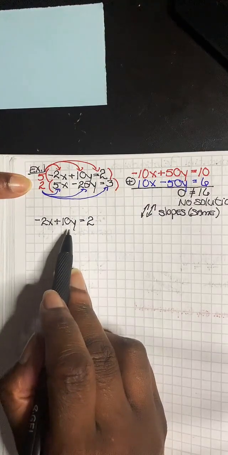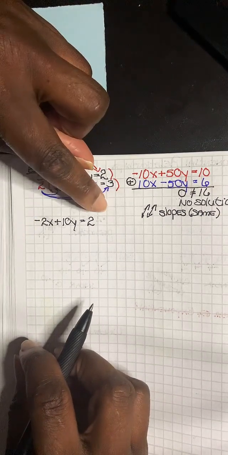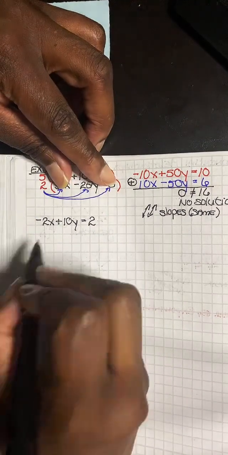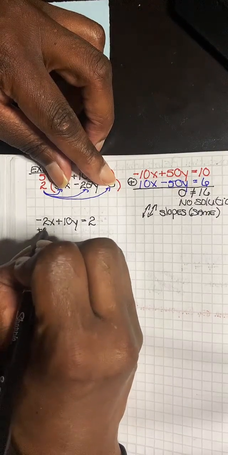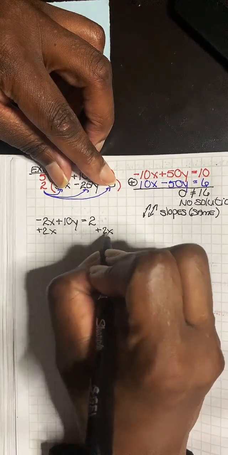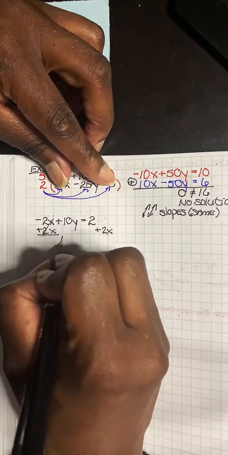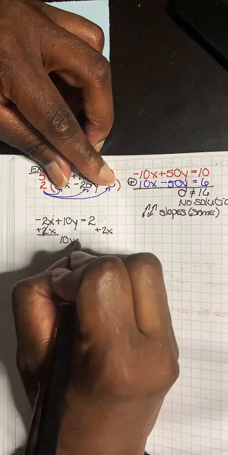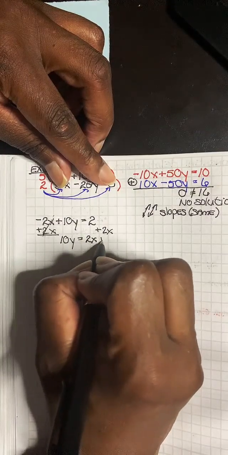So if I want to solve this equation for y, that means this negative 2x needs to go to the other side of the equal sign. So since it's a minus 2x, I'm going to add 2x. So this gives me 10y is equal to 2x plus 2.